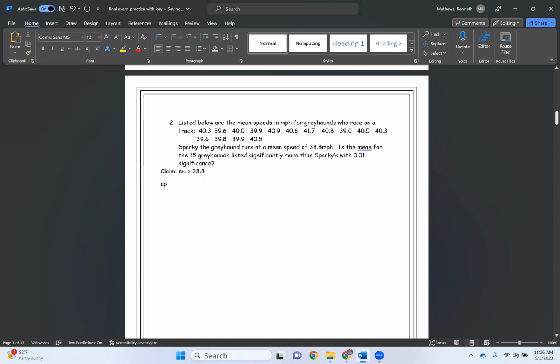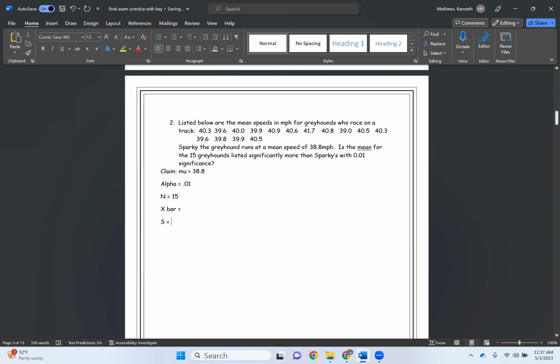And alpha equals 0.01. And now we need to know n is equal to 15. And we need to know the x bar, which is the mean of the sample. And we need to know s, which is the standard deviation of the sample.